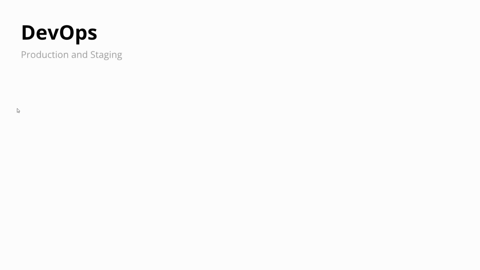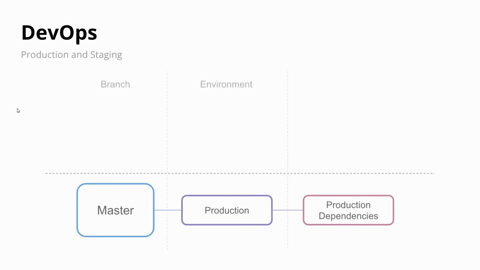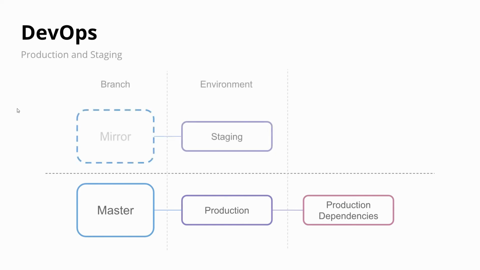There is also another environment called staging. A staging environment is nothing more than a mirror of production, right? Which means that it has dependencies that are very, very similar to those in production. And the contextual execution for staging is pretty much the very same execution context as production.